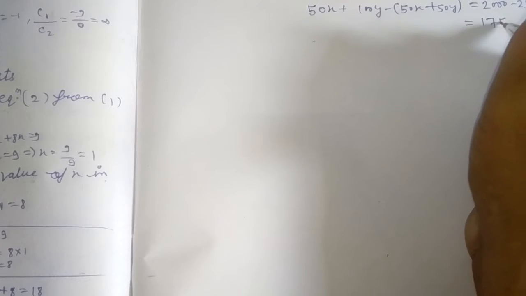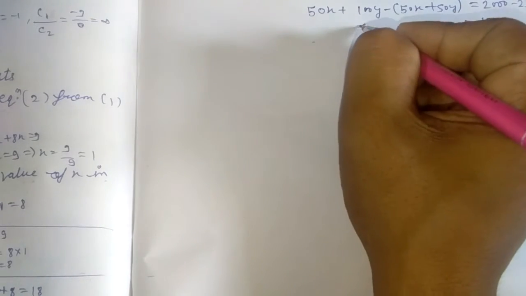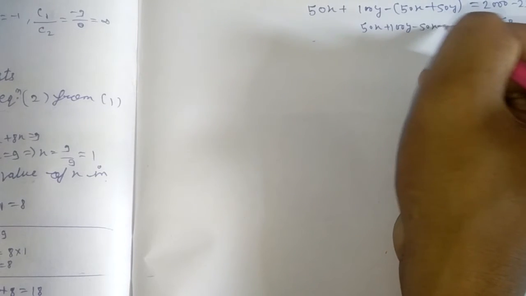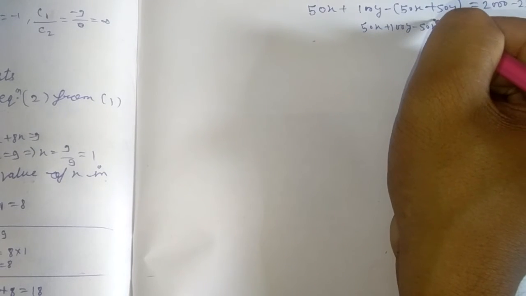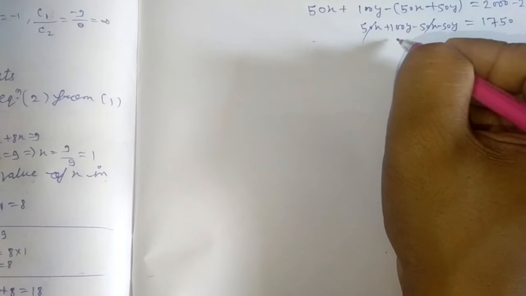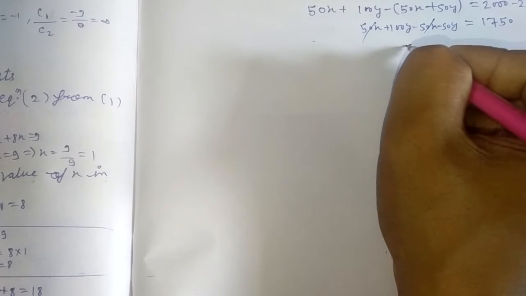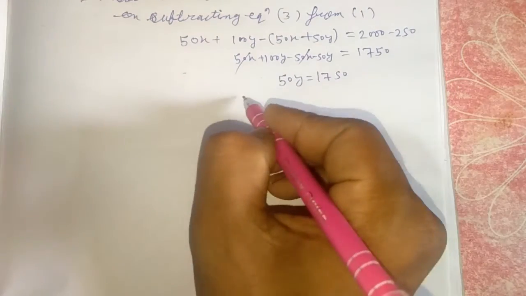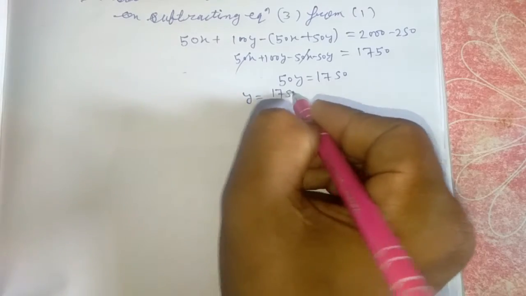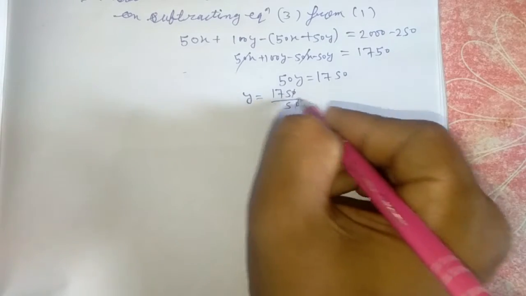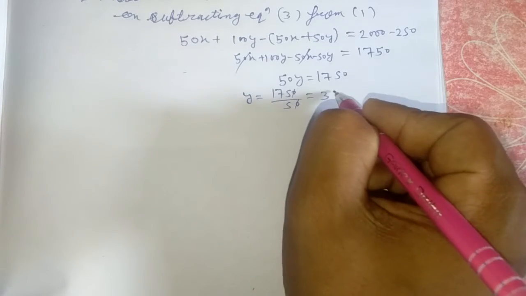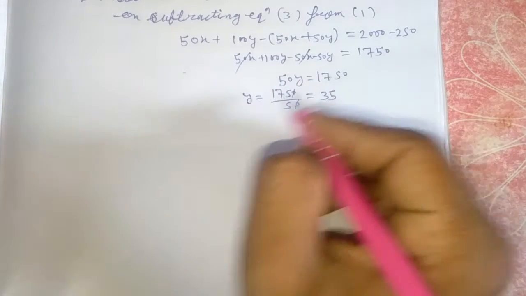So it will be 1750, and 50x plus 100y minus 50x minus 50y cancel out. So we will get 100 minus 50y, means 50y is equal to 1750 upon 50, cancel out, 5 3s are 15 and 255, y is equal to 35.